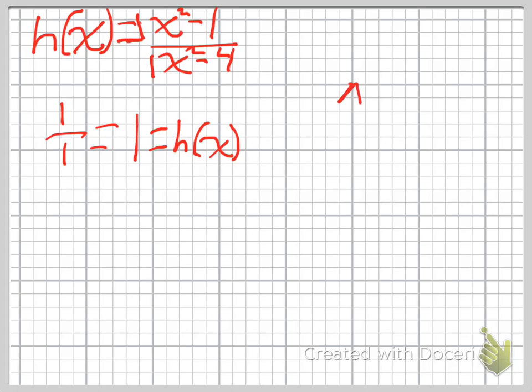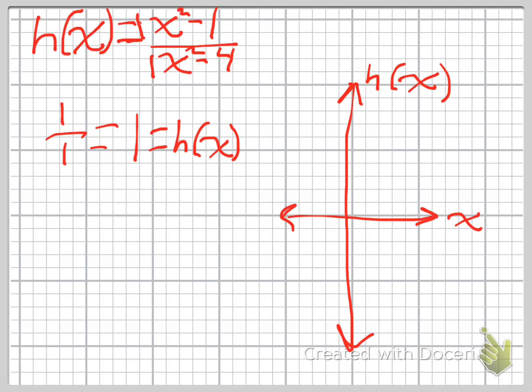So if we were to graph this, h of x, find any of our domain restrictions, which in this case would be at x is positive or negative 2. We'll draw in our asymptotes for that.